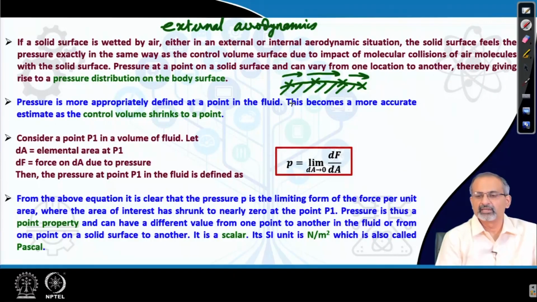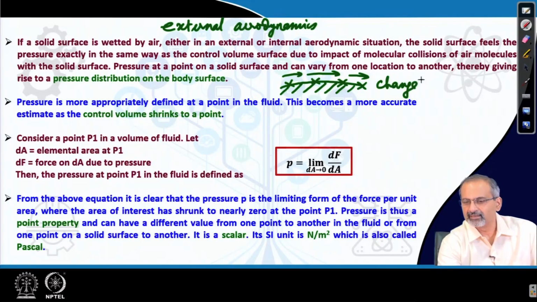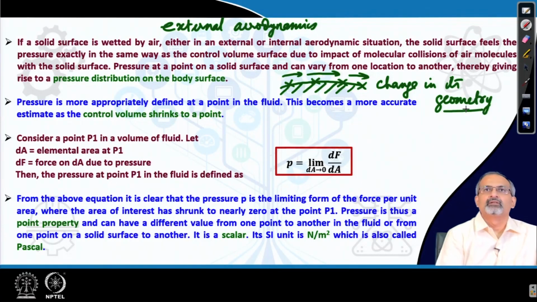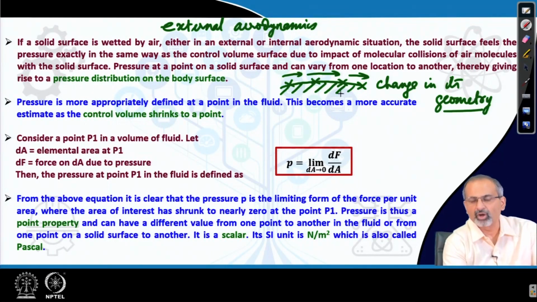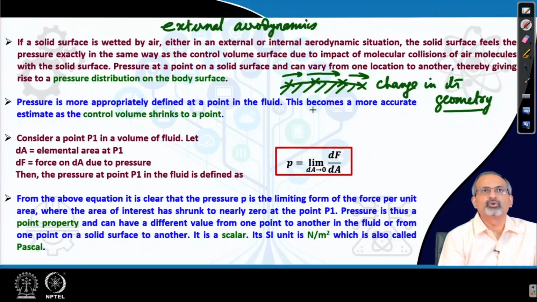One reason for the variation as you move along the body surface is the change in its geometry. So, if the surface geometry is changing as you move along the surface, then that is one of the reasons why pressure distribution can change on the body surface. So, in general, it is a function of the location.